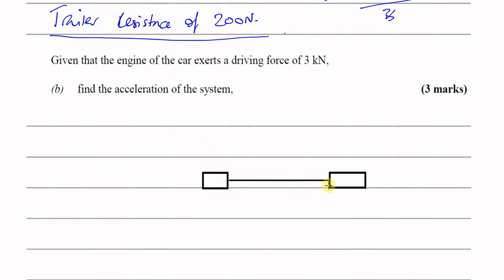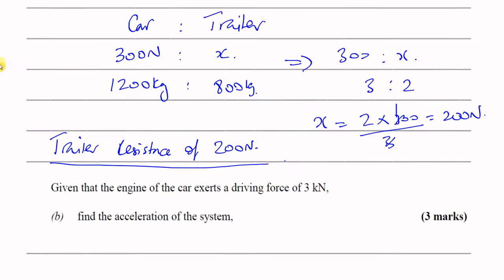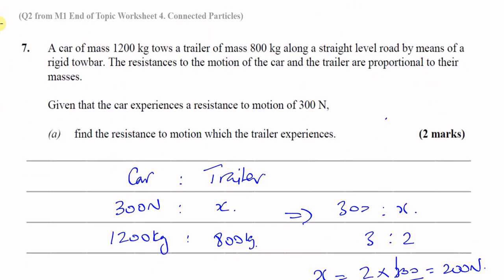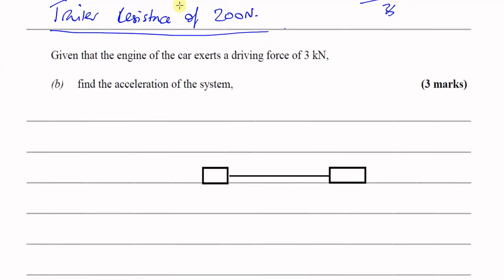We know that the car is mass 1200 kilograms, and this has a mass of 800 kilograms. The car is pulling the trailer.